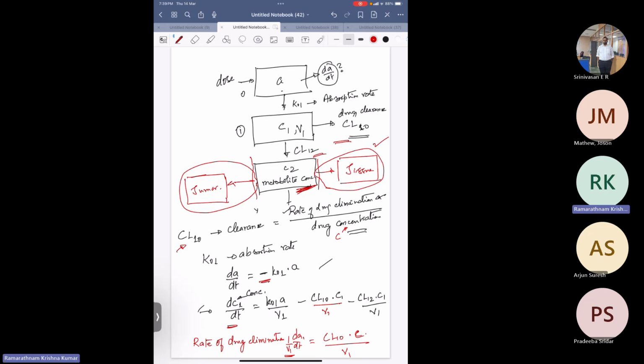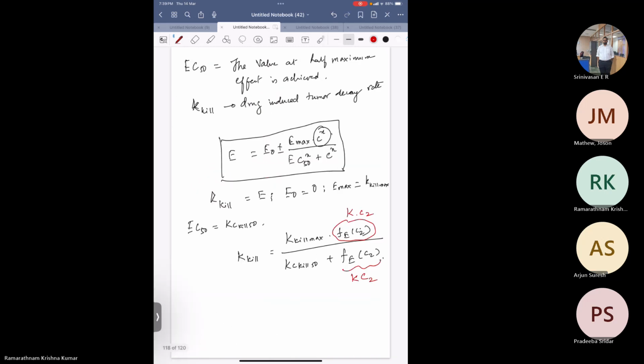I'll stop for a minute and I want to take questions. Arjun or Jocelyn? So the K kill equation is derived from the Hill equation. Yes, sir. This equation comes from here. A number of papers connect it.